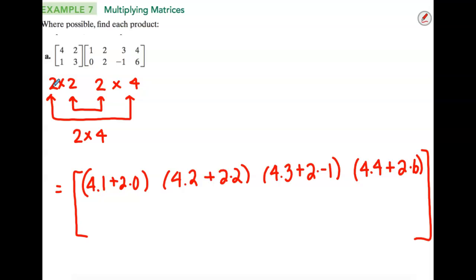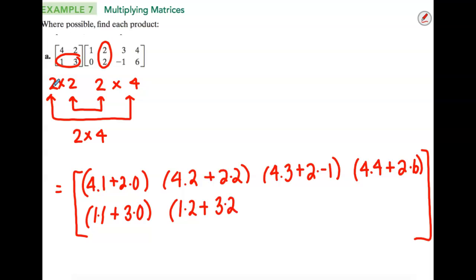All right. Heading to row 2, column 1: 1 times 1 plus 3 times 0. Row 2, column 2: 1 times 2 plus 3 times 2.